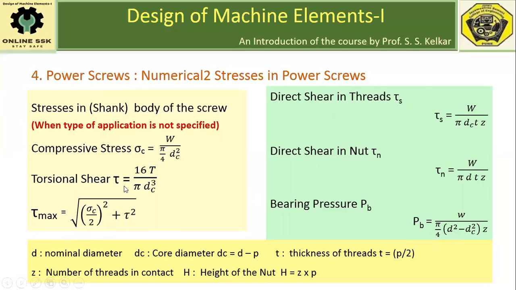Screws are generally made up of ductile material, steel, and for ductile material, the maximum shear stress theory is the most suitable. Therefore, for calculating the maximum stress developed inside the body of the screw, employing the maximum shear stress theory, the stress is calculated as under root of (sigma c upon 2) square plus tau square.